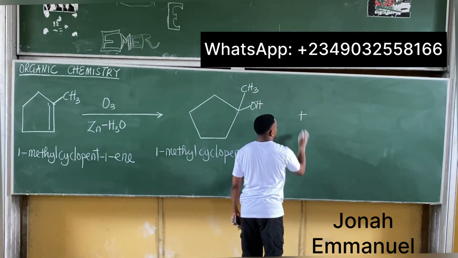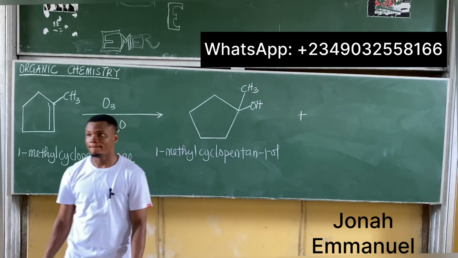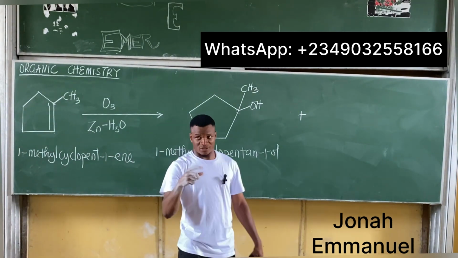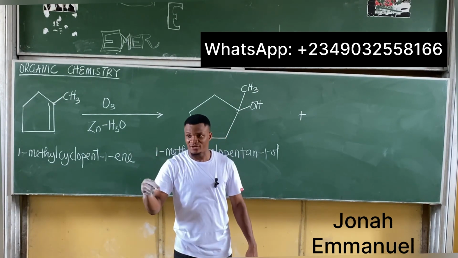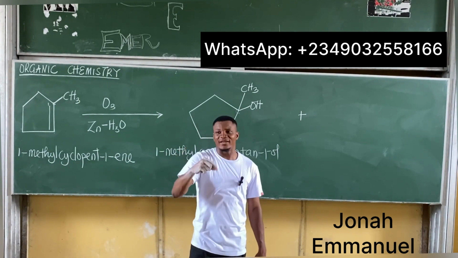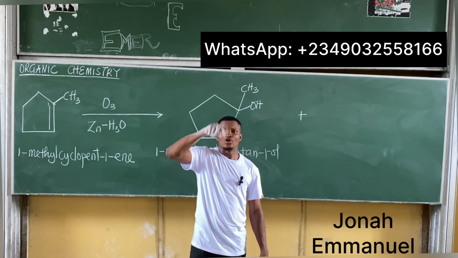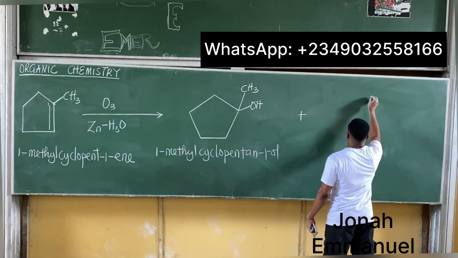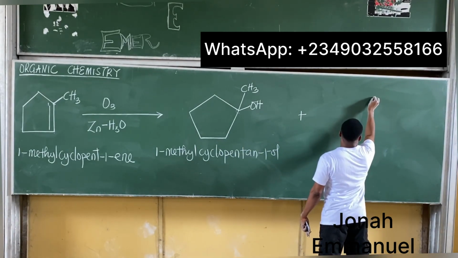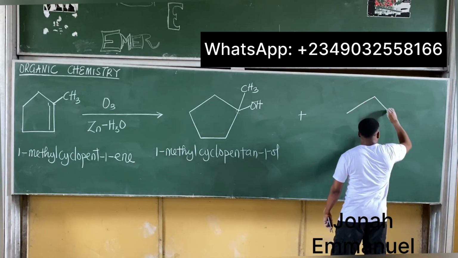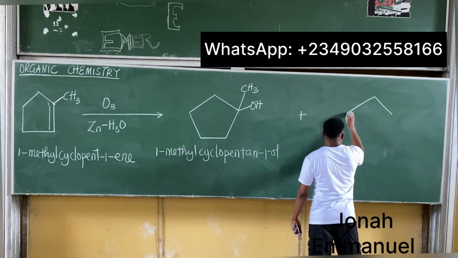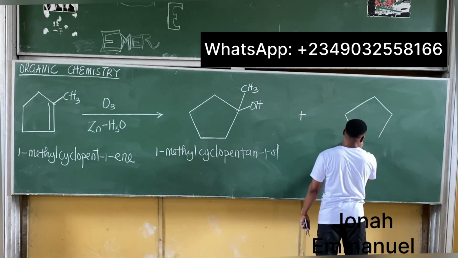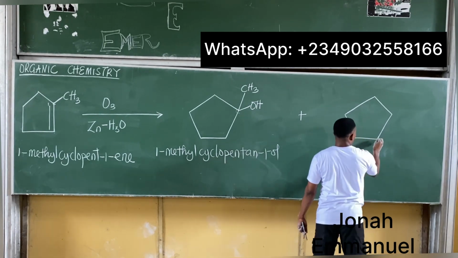So we have two products. This plus what again? Get the parent, that's an alkanone. For an alkanone, what's the key thing there? C double bond O. So the cyclo structure first. This is cyclopentane.